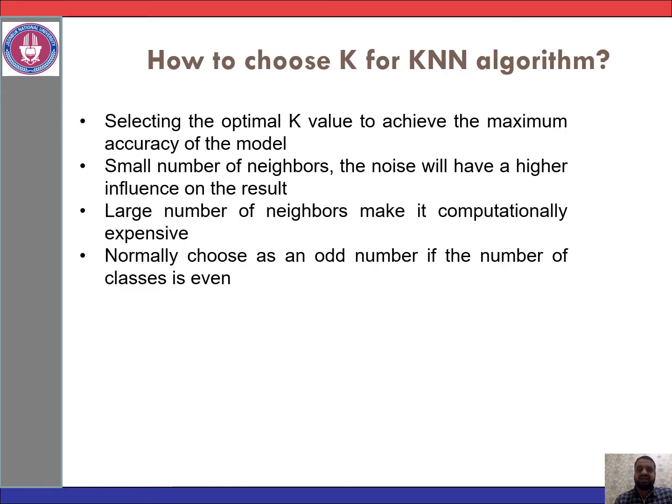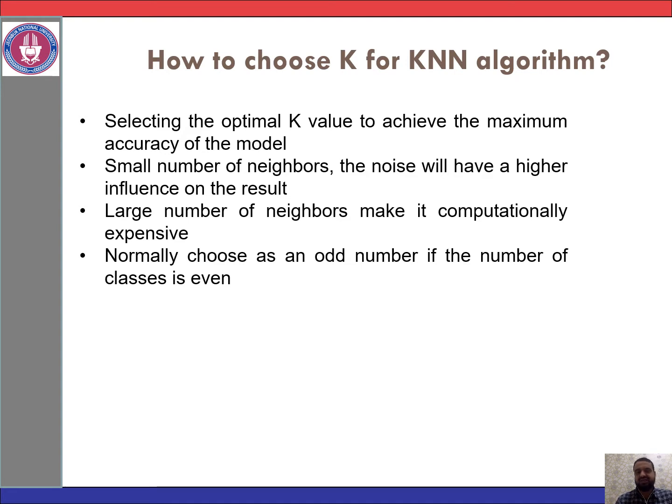Now a question arises: how can we choose the k value? So the k value should be chosen in such a way that it gives us maximum accuracy. If we select the k value very small, like 1 or 2, then the noise will have higher influence on the results. It can pick the noise or the outlier as its representative.